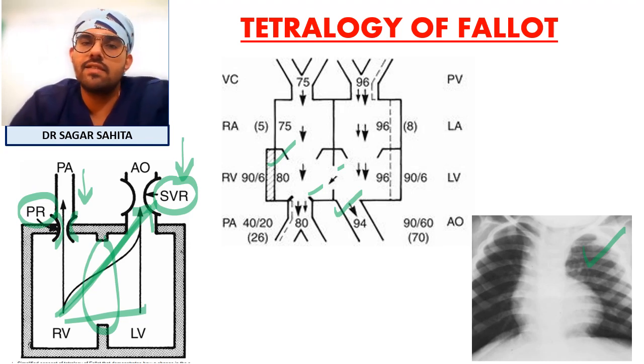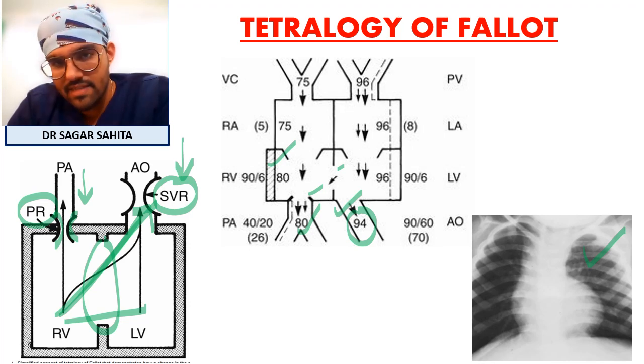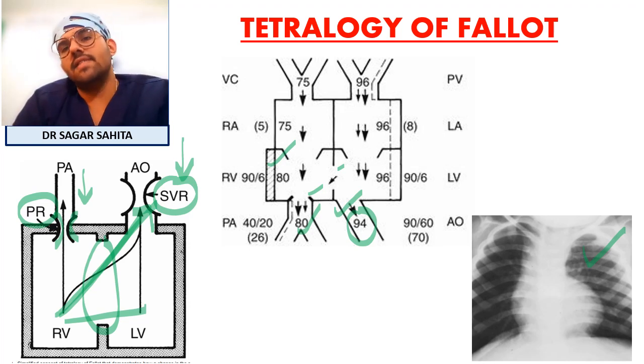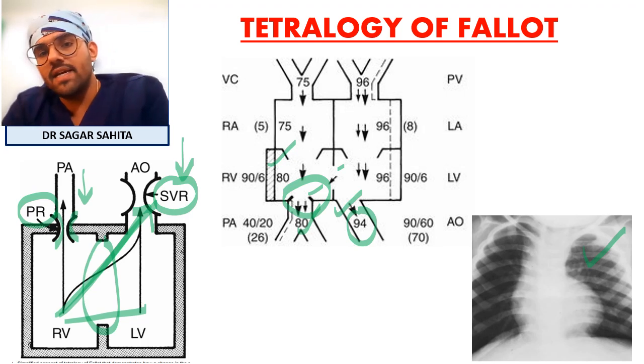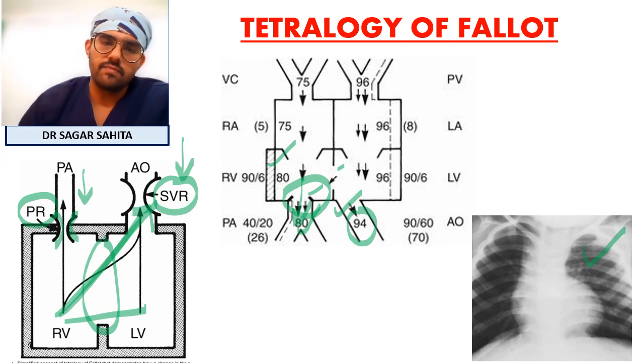In this case, you can see saturation is 94. That means this is mild PS, blood flow in the lungs exists, oxygenation is taking place, and the murmur which you will hear in tetralogy is the ejection systolic murmur of PS. In mild PS, there is still blood flow through the pulmonary valve and you will hear a loud murmur.